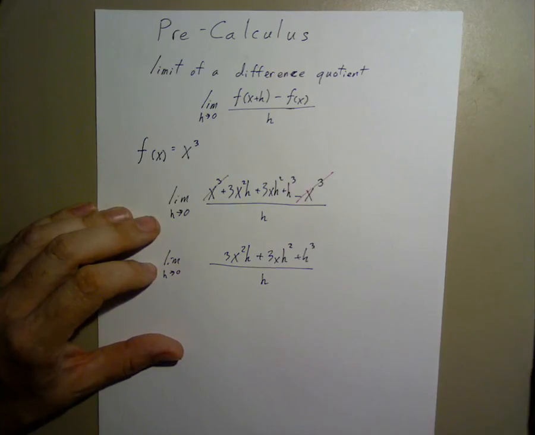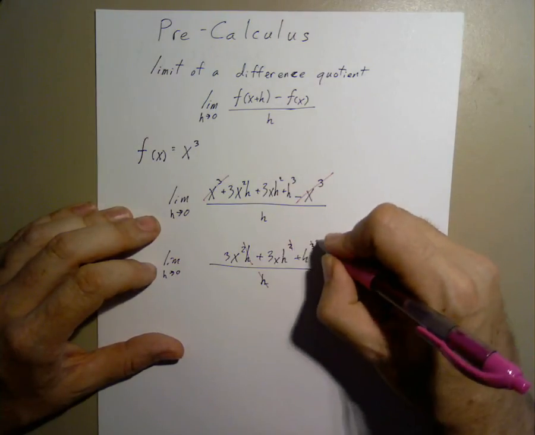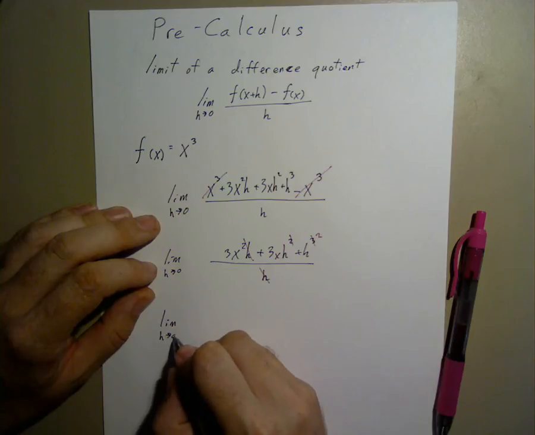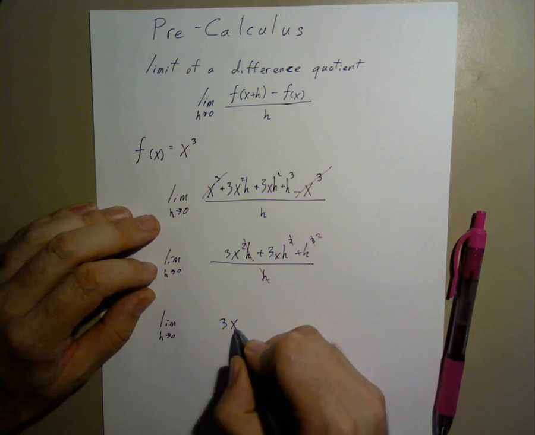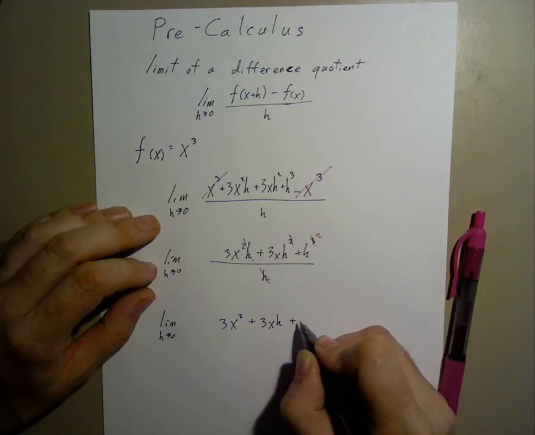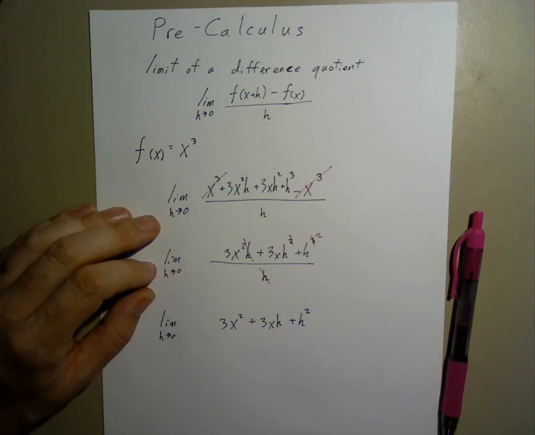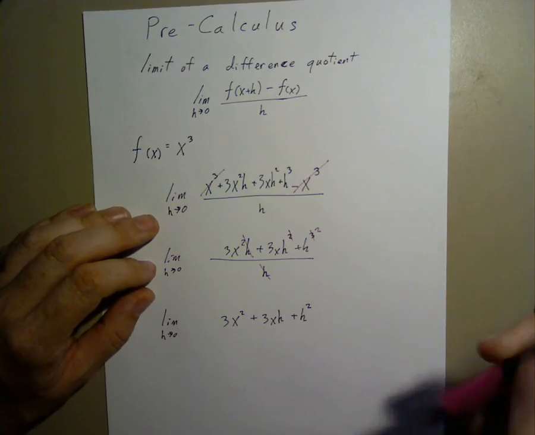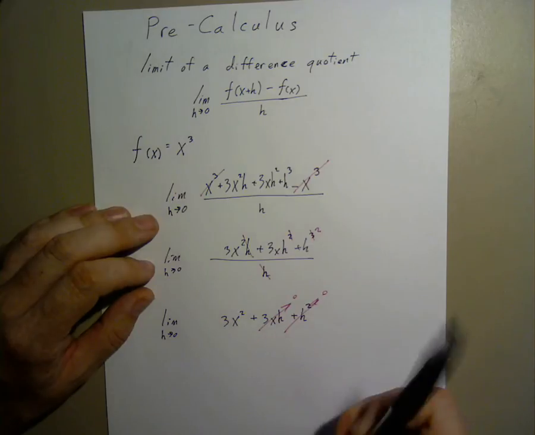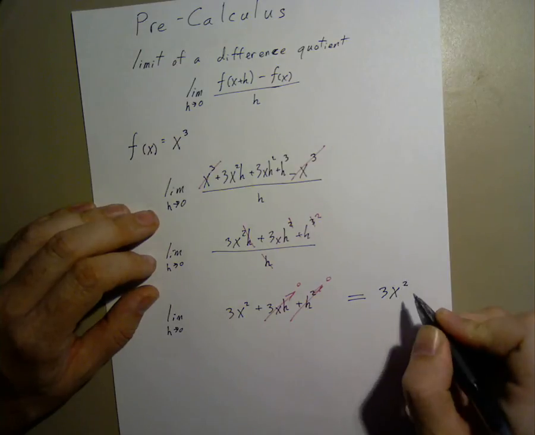If we now simplify by canceling out h's, what we have left is the limit as h goes to 0 of 3x squared plus 3x h plus h squared. As h goes to 0, these become 0, because h becomes 0, and they effectively disappear. Therefore, the answer becomes 3x squared.